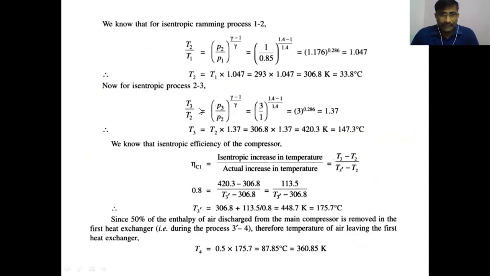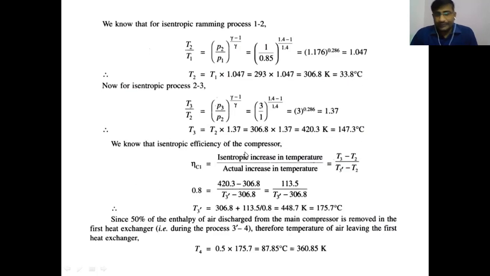It is the temperature ratio across the compressor. Then T3 equals T2 into 1.37. T2 was calculated earlier as 306.8 kelvins. Then into 1.37, we get 420.3 kelvins. This is the temperature at point 3. This is in kelvins.